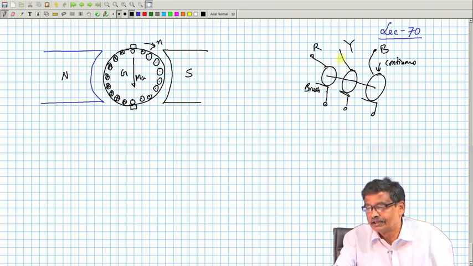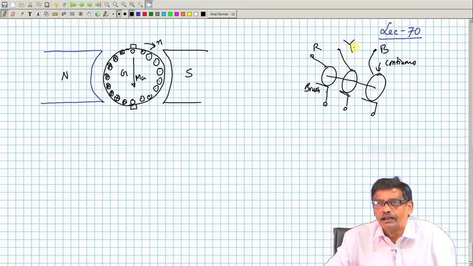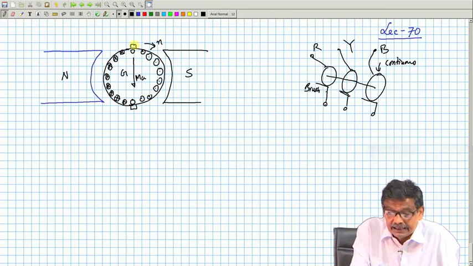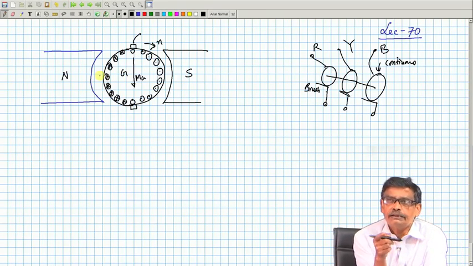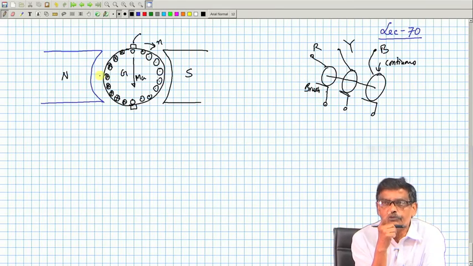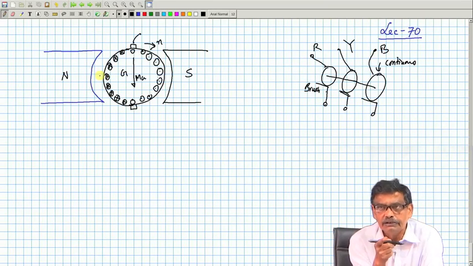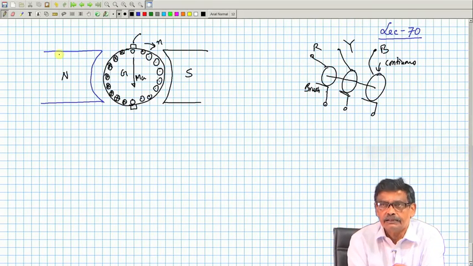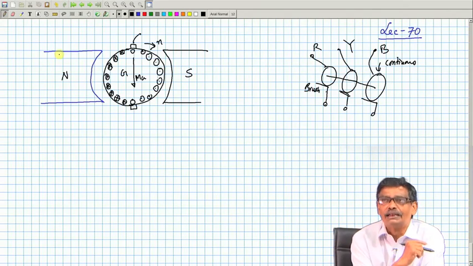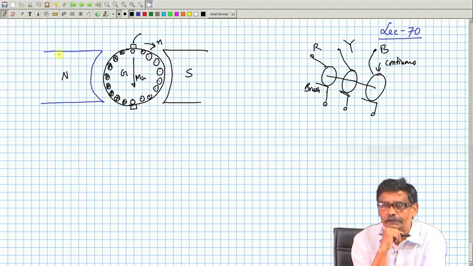Similarly, this one is connected to one side of a fixed coil. But in this case, the brush through the commutator segment is getting connected to different coils. When a coil comes to a particular position, then only this brush gets connected to it. It is not connected to a fixed coil end, otherwise you would have got AC like this one.